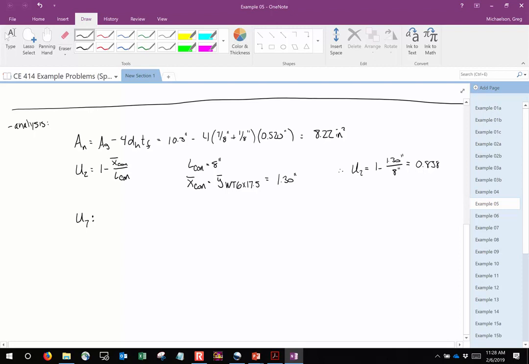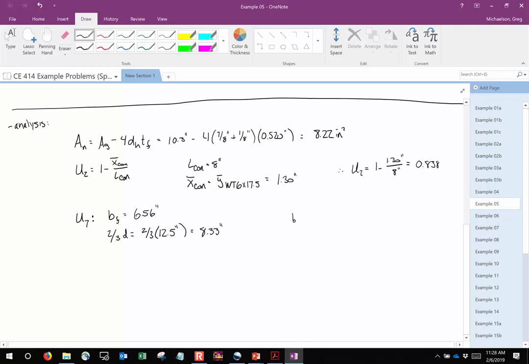And how do we assess case 7? What do we need? We need BF, and we need 2/3 of the depth. So BF, what was that again? I'm making sure y'all are paying attention. 6.56 inches. And this is 2/3 of the depth. I think that was 12.4. I knew, I was just making sure you're paying attention. What is this? 8.33.